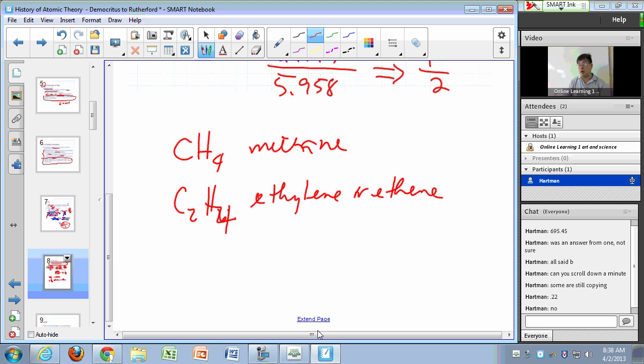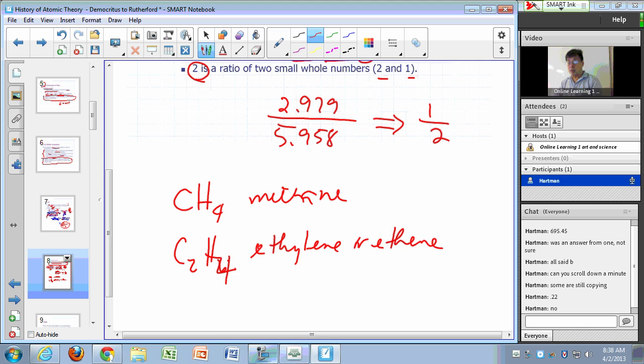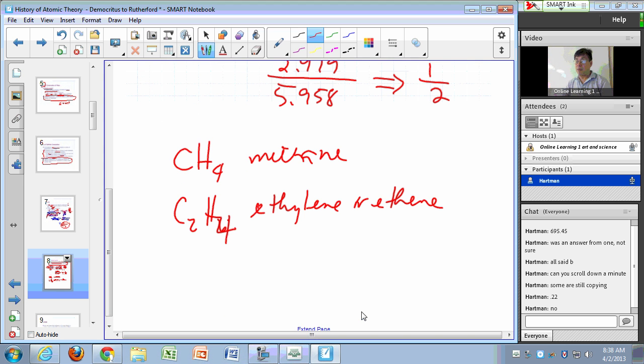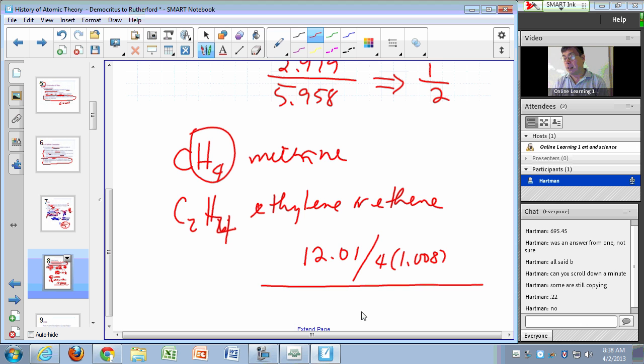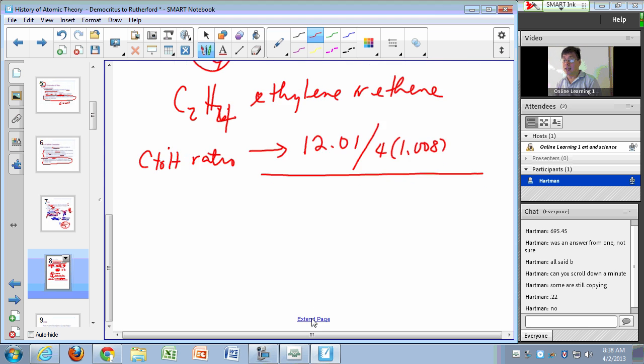Well, what's the carbon to hydrogen ratio in methane? Carbon is 12.01. Hydrogen, you have 4 hydrogens, so that's over 4 times 1.008, right? That's the carbon to hydrogen ratio in methane. What's the carbon to hydrogen ratio in ethene?